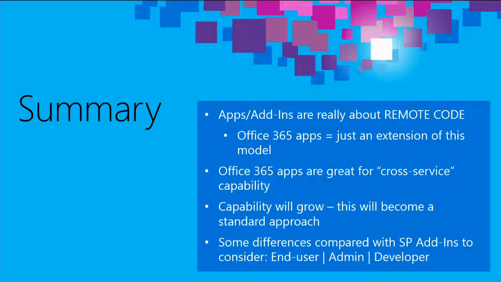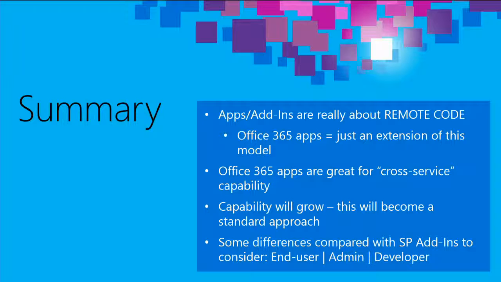So when you need to store something as a list item and the Files API doesn't help you, you can use that same authentication token and just mix in a bit of CSOM code. So maybe you've got 80% of the code using Office 365 APIs, but 20% using ye olde CSOM, right? And that really means that it's kind of one app model now to me.